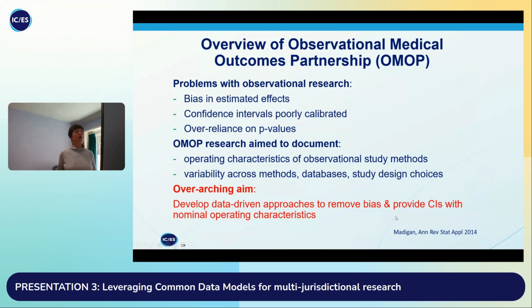What OMOP attempted to do, starting about 2010, was to look into how bad this problem is. They understood, as statisticians understand, that variability is related to sample size and power, which leads to bias.